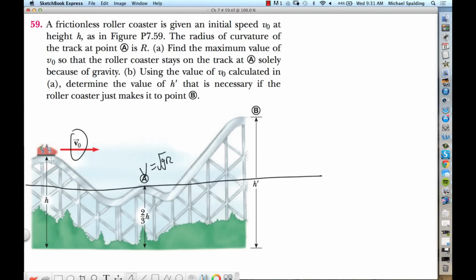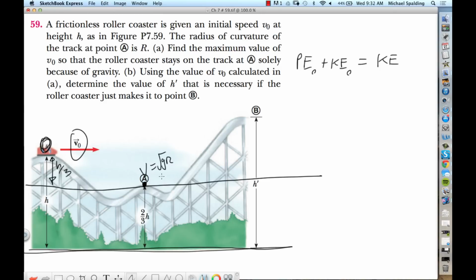So this starting height there is going to be h over 3. What type of energy does the car start with up here? It starts with potential plus kinetic. What type of energy does the car end with right there? Only kinetic, because it's on the 0 point. If you would have kept the 0 point down there, then it would have ended with potential as well.